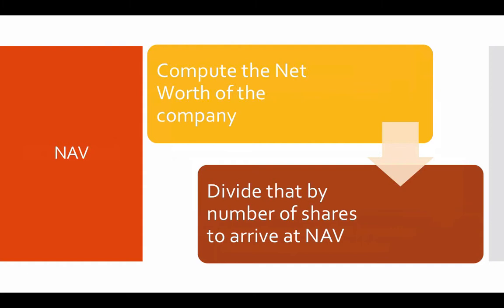Again, NAV is something which you would probably not use ordinarily. It's a method which is preferable for maybe companies which are financial institutions and do not have too many assets being reported at historical costs.